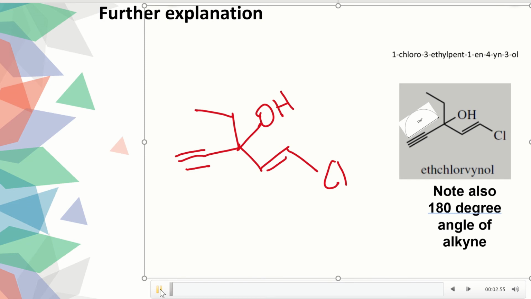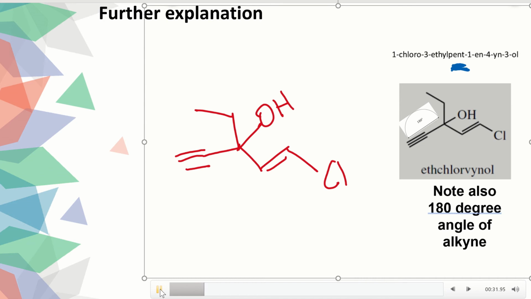Alright, so I've already redrawn the structure, so I'm just going to break down the numbering and the substituents. The first thing that we need to look at is the fact that the base name is pent. Pent means that the longest chain has 5 carbons.